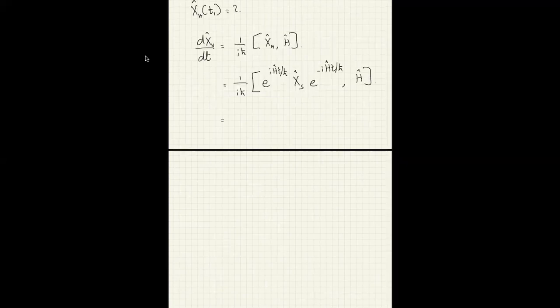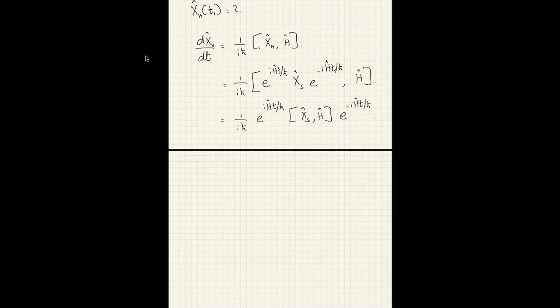So I can write this commutator as 1 over iħ. I can pull out the e^(iHt/ħ) to the left-hand side, and e^(-iHt/ħ) on the right-hand side, using the trick that I taught you before. And I write this Hamiltonian and this commutator like that.